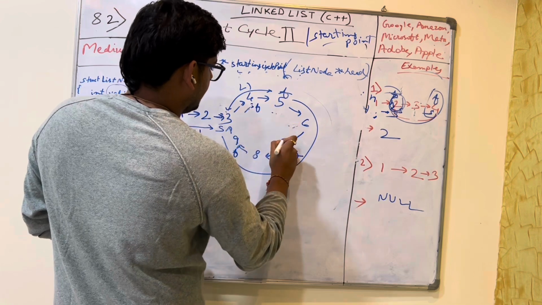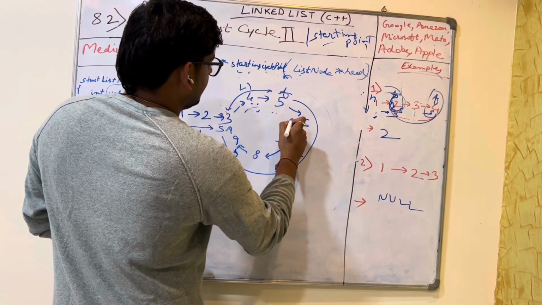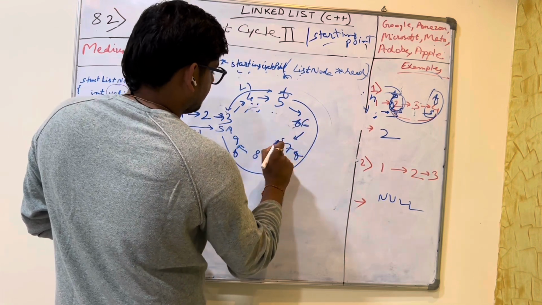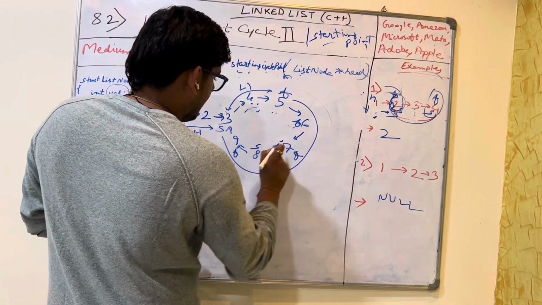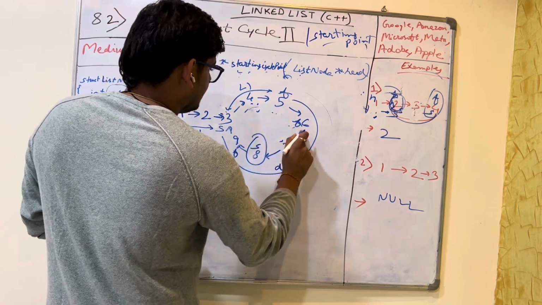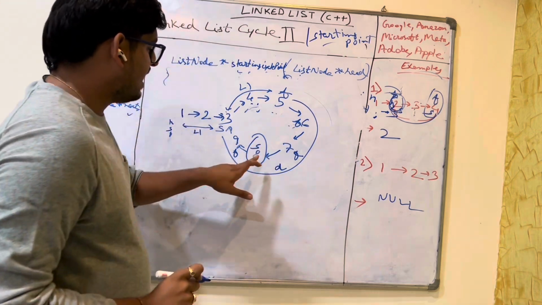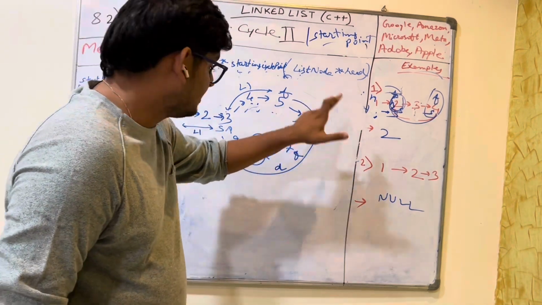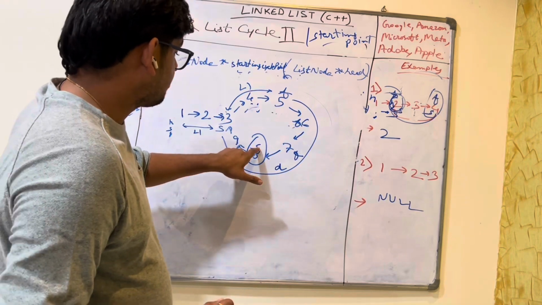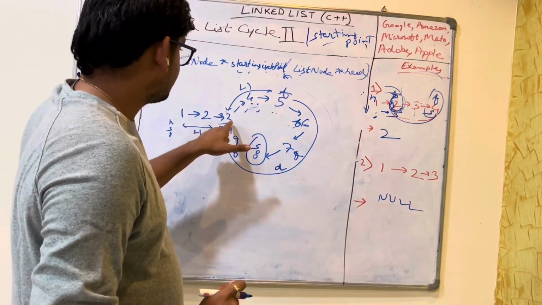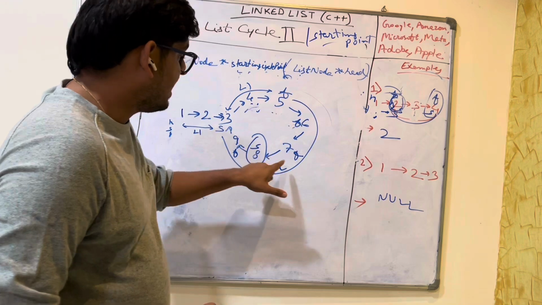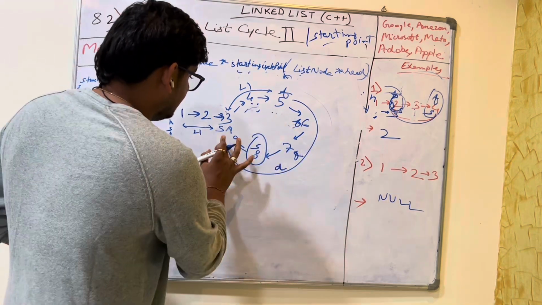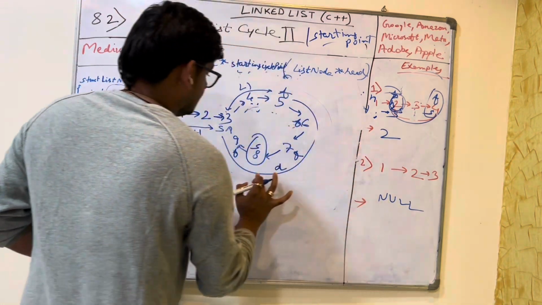Then S will be moving here, and then F will be moving here. So at this point, F has covered the extra distance that S was having from it, right? So S has covered the same distance and F has also covered this extra D distance, right?